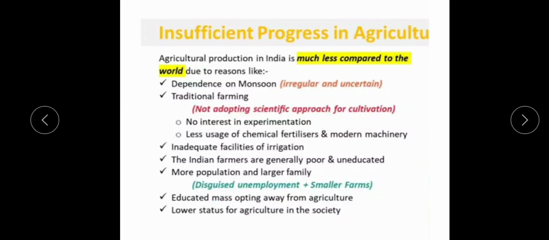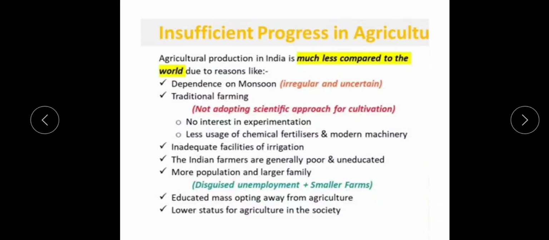Because of all these factors there is lower per hectare production compared to the rest of the world: we don't use proper modern machineries, farmers are not interested in experimentation, there are big families and smaller farms, and we have a high population. Educated people are not going towards the agricultural sector because they feel low status working there. So these are all conditions which lead to insufficient progress in agriculture.